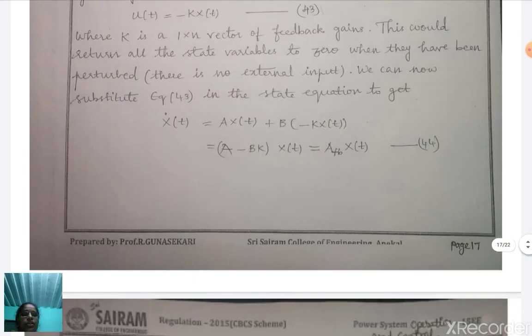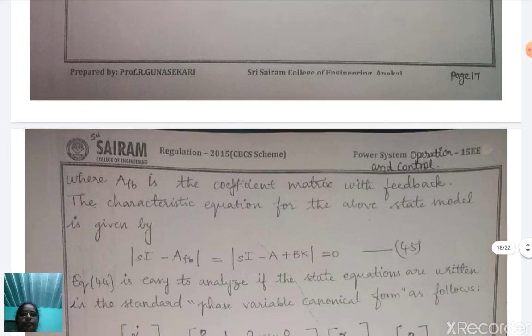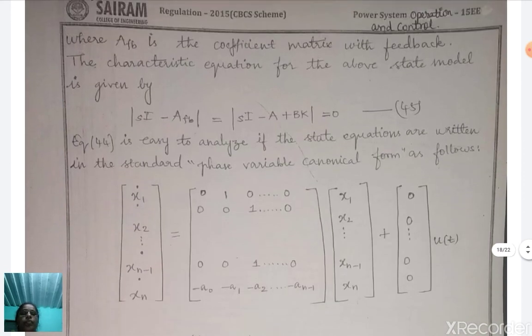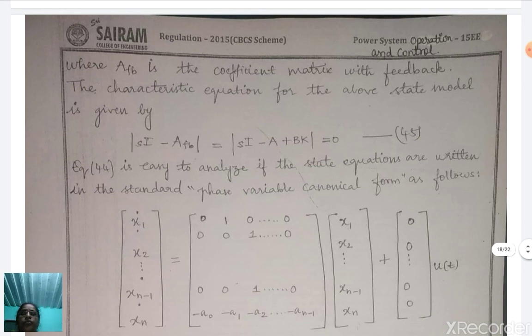This is equation number 44 only, where AFB is the coefficient matrix with feedback. So the characteristic equation for the above state space model is given by modulus of sI minus AFB, equal to modulus of sI minus A plus BK, that is equal to 0.